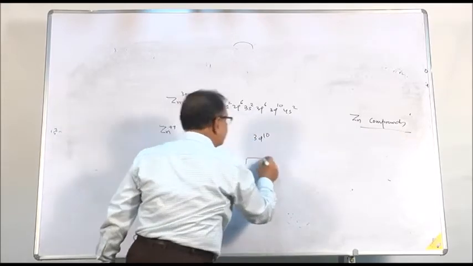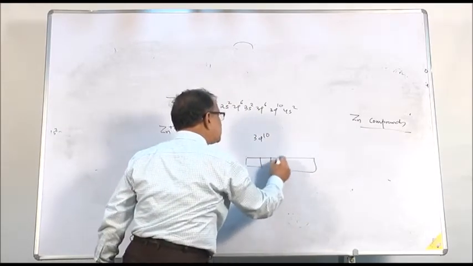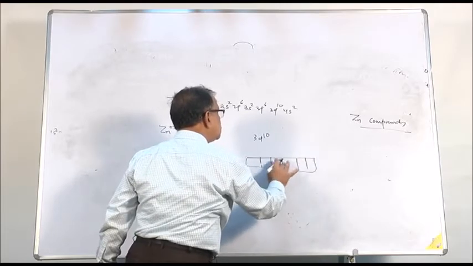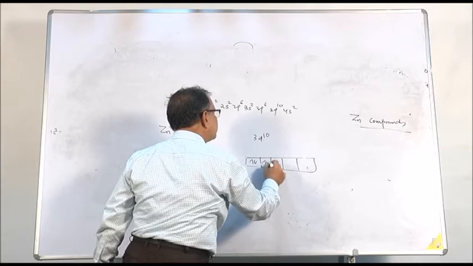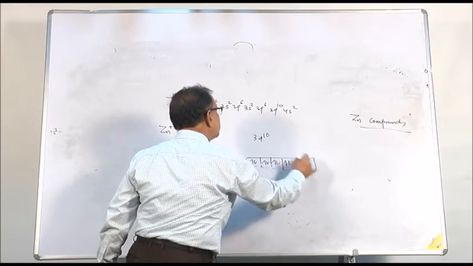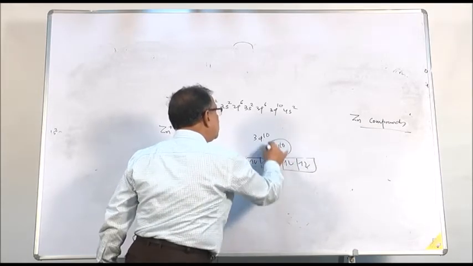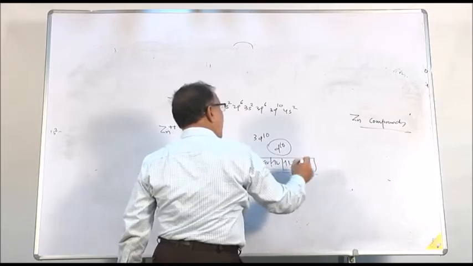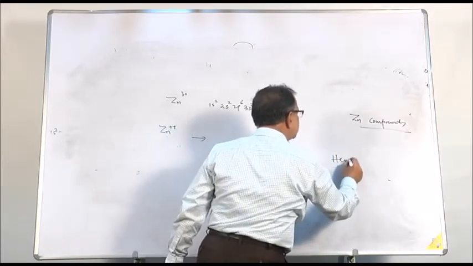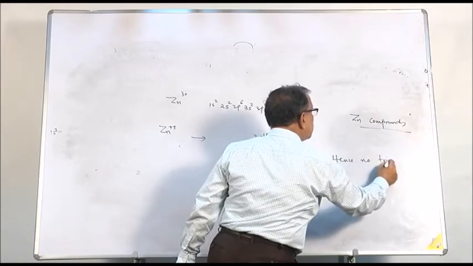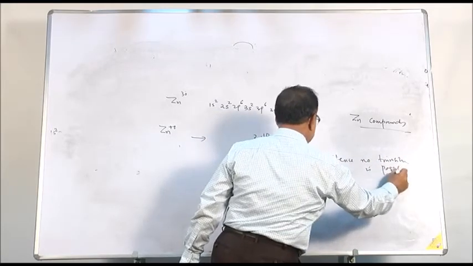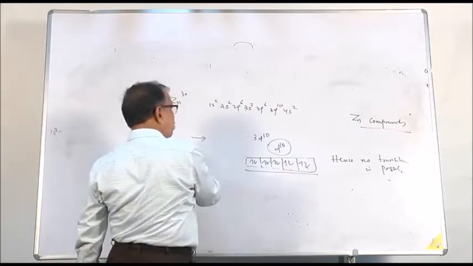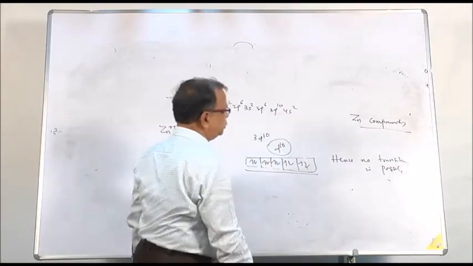Since it is d10, all the orbitals of the d subshell are filled up, hence no d-d transition is possible. Therefore, zinc compounds are colorless.